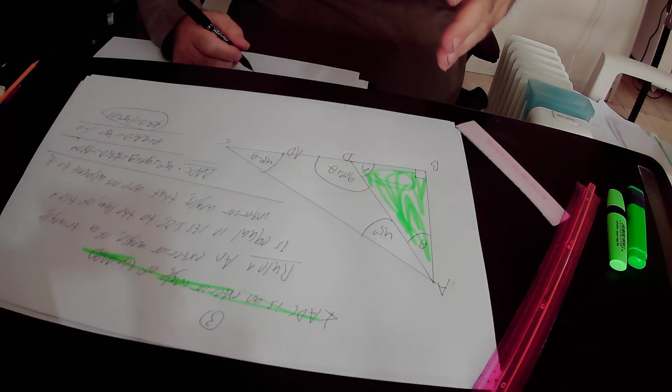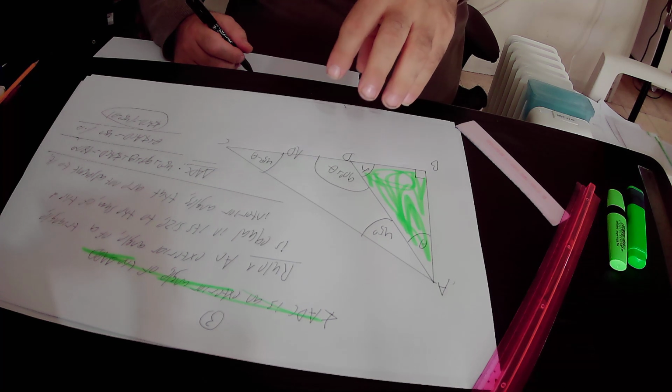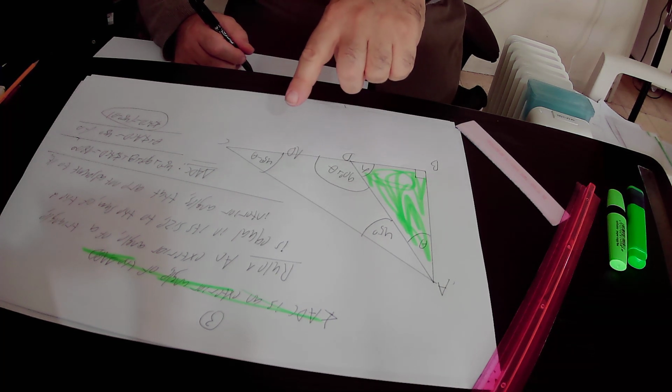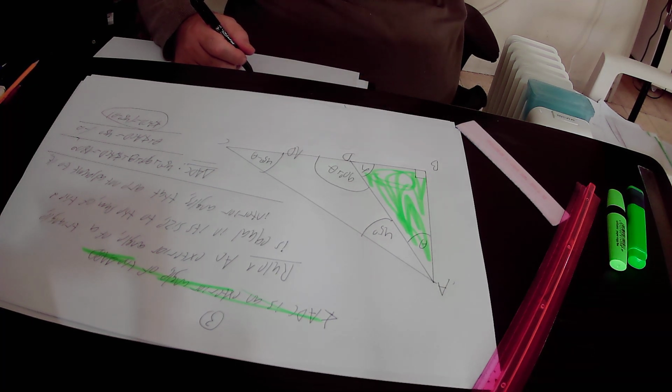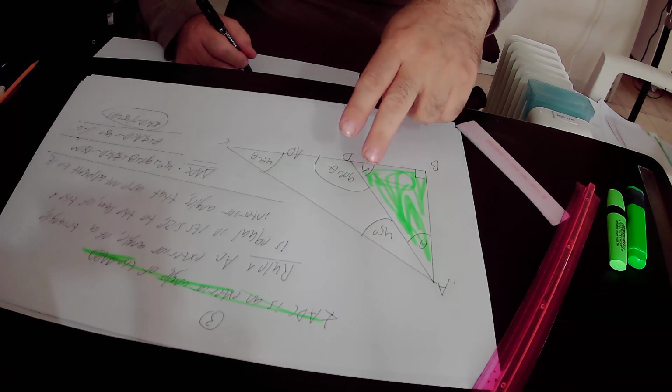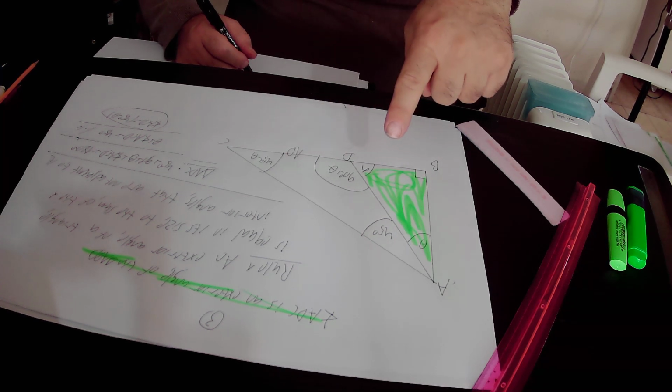And here it is very easy to see from the drawing that this angle ACD, one of the three angles of triangle ADC, is the smallest angle in triangle ADC.